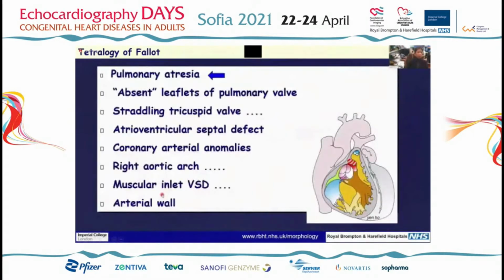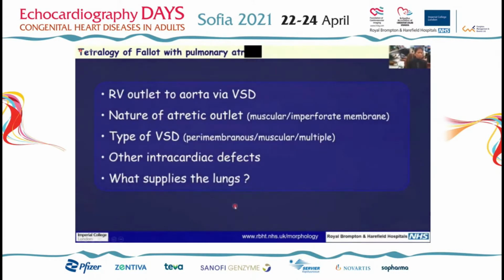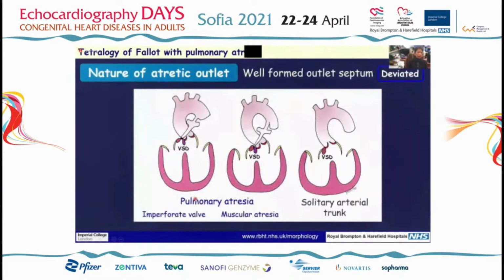So moving on to pulmonary atresia then, we have right ventricular outlet to the aorta via the ventricular septal defect. The nature of the atretic outlet varies, the type of ventricular septal defect varies, but I think what's more important is what exactly supplies the lungs in this situation.